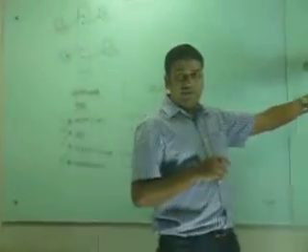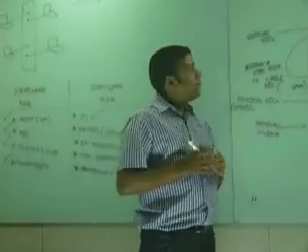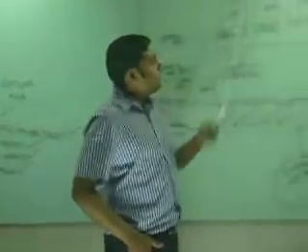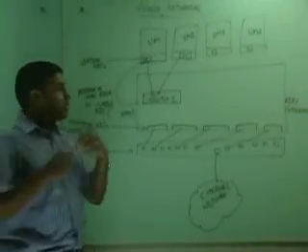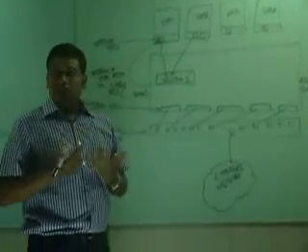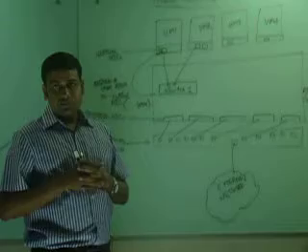Using this, you can now communicate between one another. For example, VM1 and VM2 in this picture will be able to communicate with one another. They can ping and share data amongst one another and do all those required tasks.